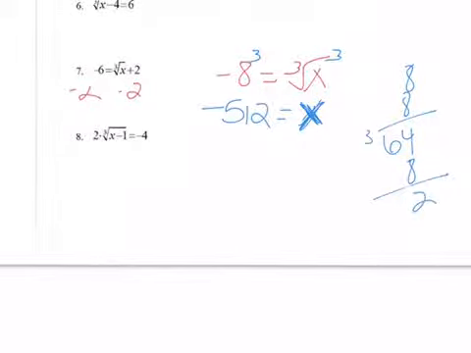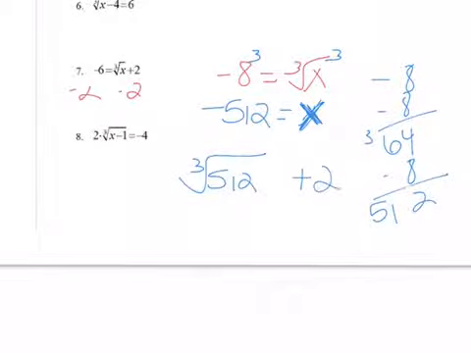Carry the 3. 8 times 6 plus 3 gives us the 51, and there's our 512 because it was negative. All 3 were negative. And if you check the cube root of negative 512 plus 2, that gives us negative 8 plus 2, which is negative 6.